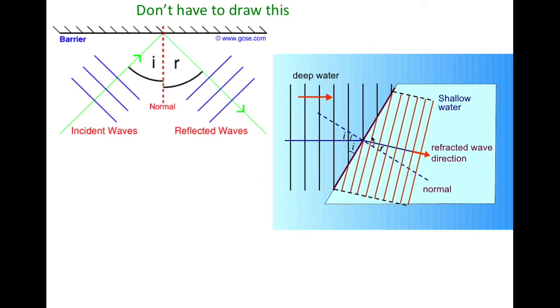When it enters into shallow water, the wave slows down and bends because the water is more dense. So what you're seeing here is that the wavelength decreases, and this is in order to conserve energy because the speed decreases. The frequency is the same, so conservation of energy is upheld.